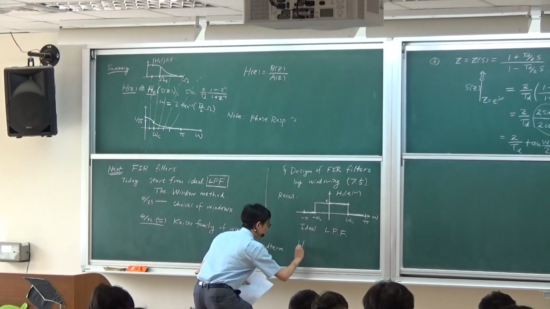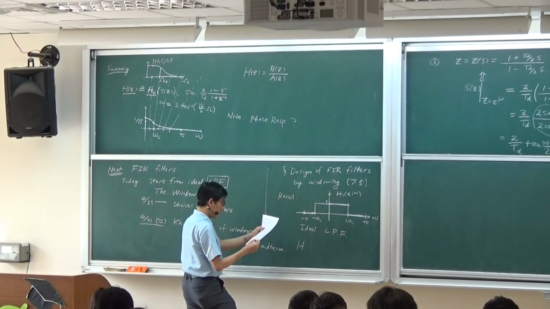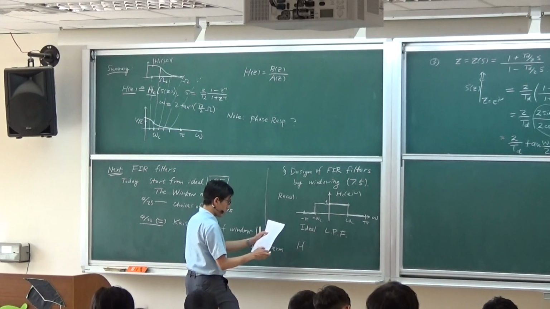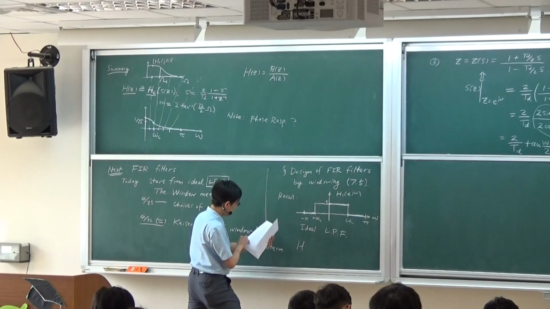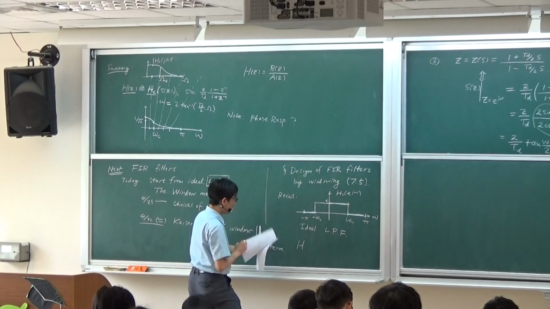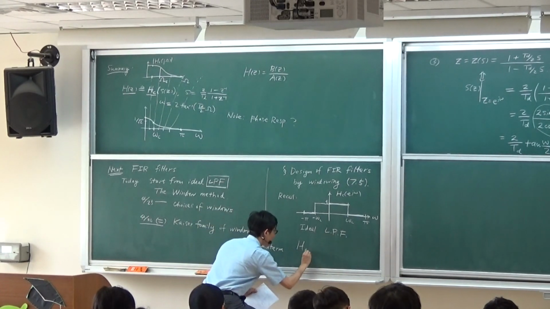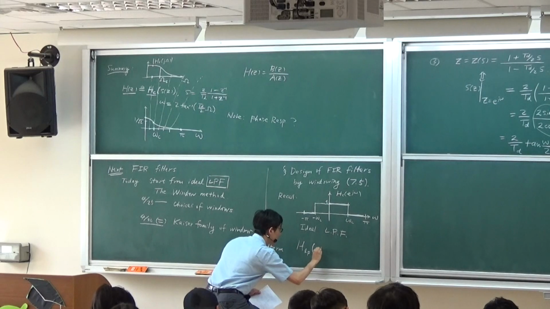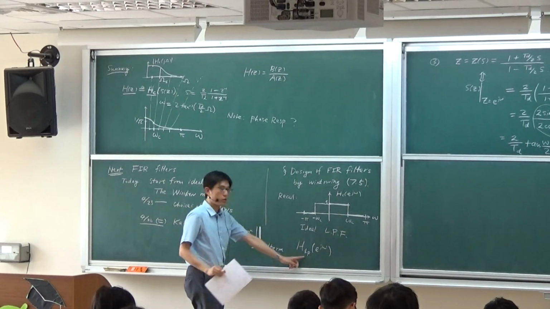So we know that ideally the output should follow our desire. Let me check our notation. H_LP is the ideal low-pass response, where LP stands for low-pass.